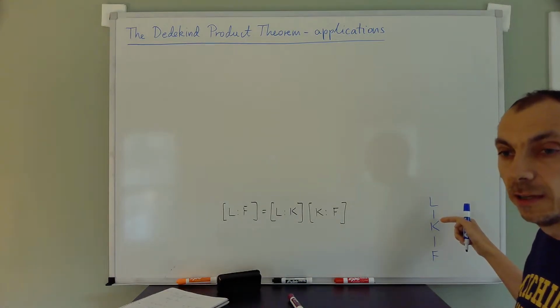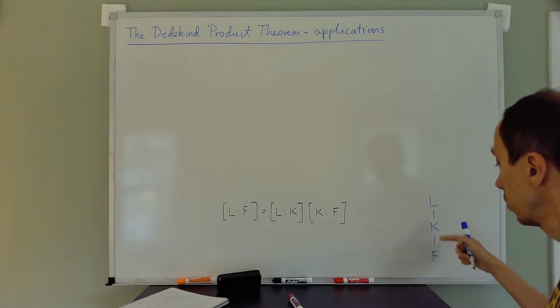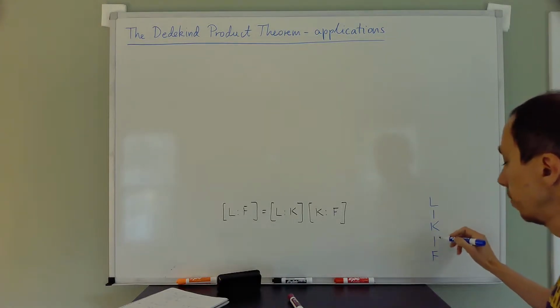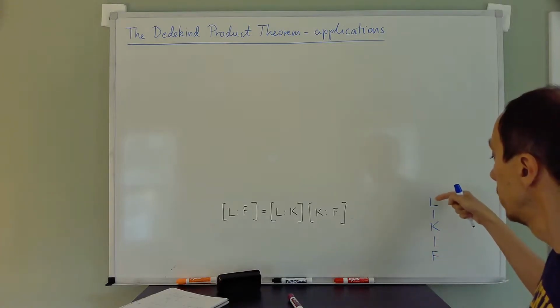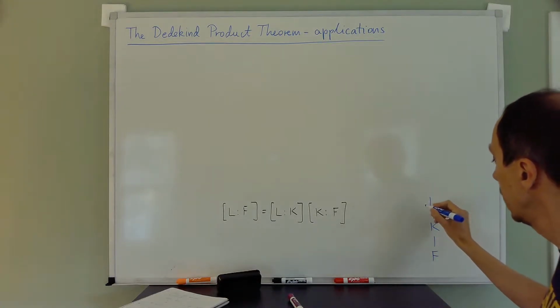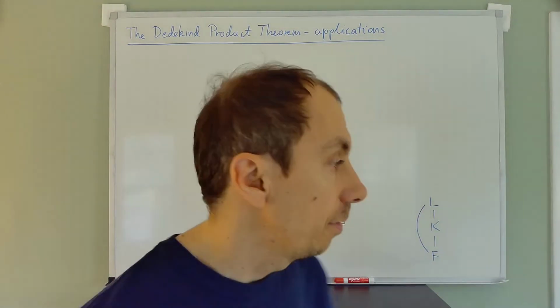If the field K appears in the picture above field F, and there's a little symbol like that in between them, that just means K is an extension of F. Similarly, L is an extension of K. I can also write another one like this, which means L is also an extension of F.